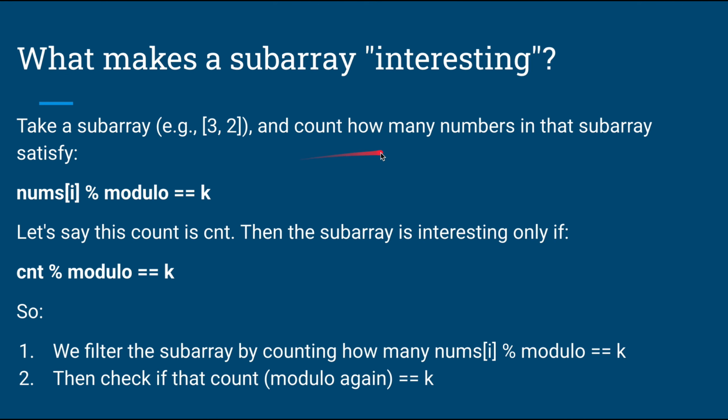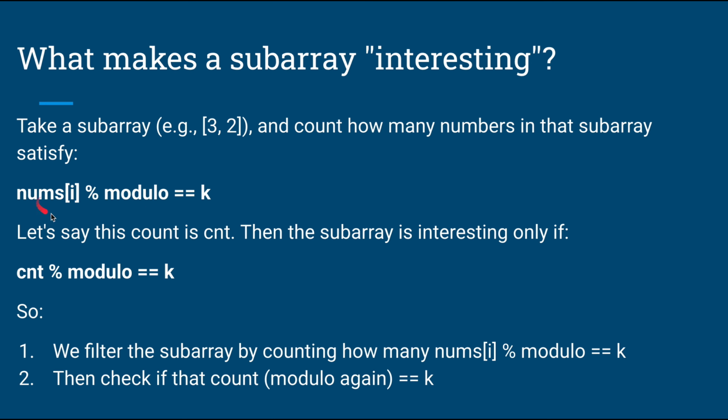Count how many numbers in the subarray satisfy that nums at i modulo m is equal to k. Let's say this count is cnt. Then the subarray is interesting only if cnt modulo m is equal to k.